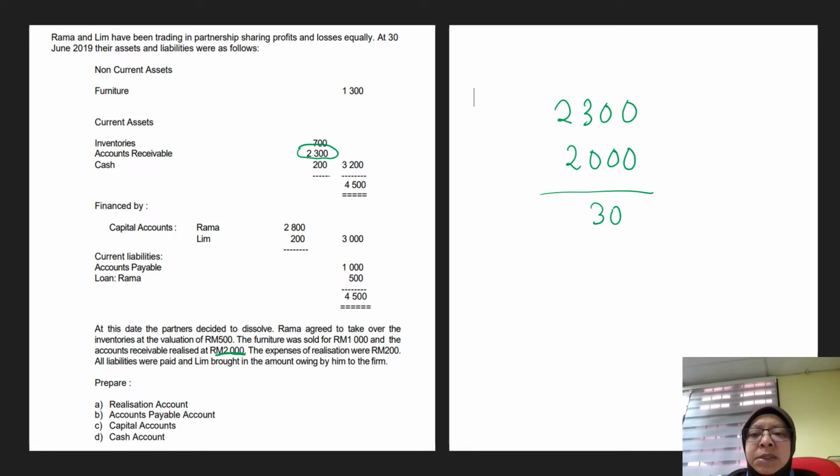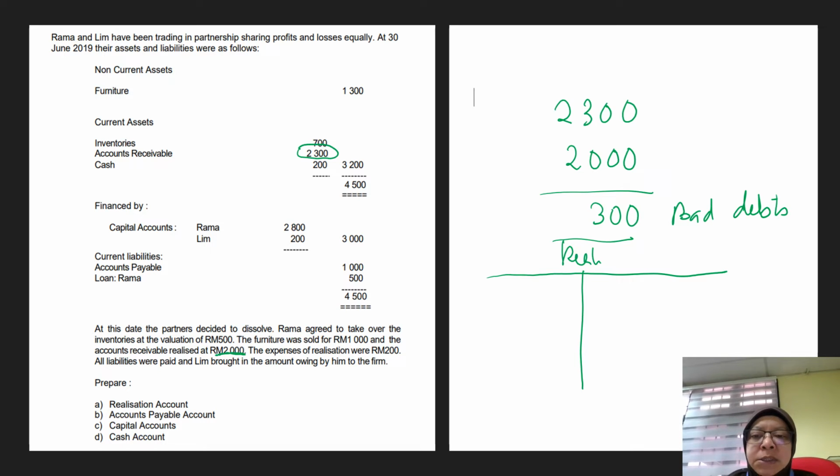So that means this 300 is considered as bad debts, right? In terms of the accounting entries, what we should do is credit our realization with cash from the collection from our account receivable based on the actual amount, which is 2,000.